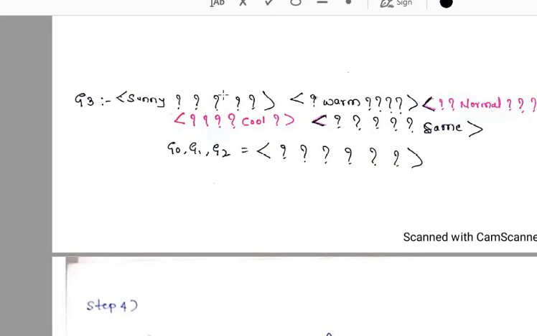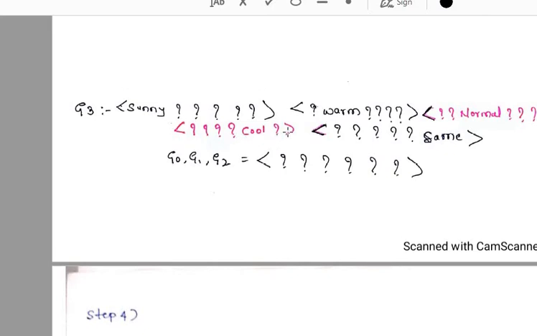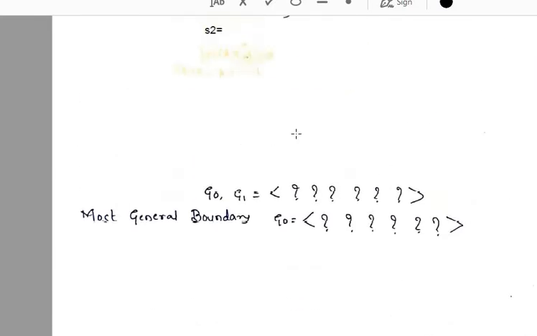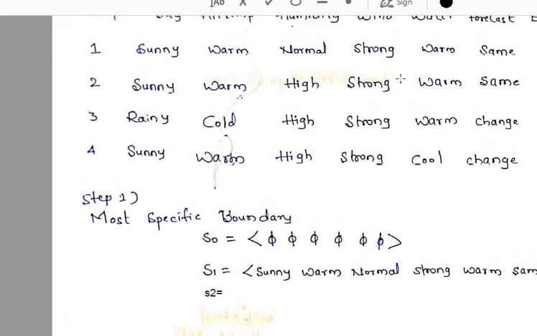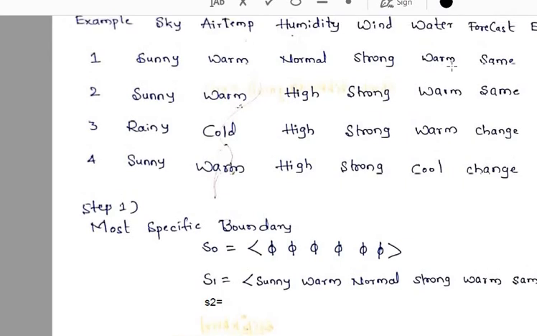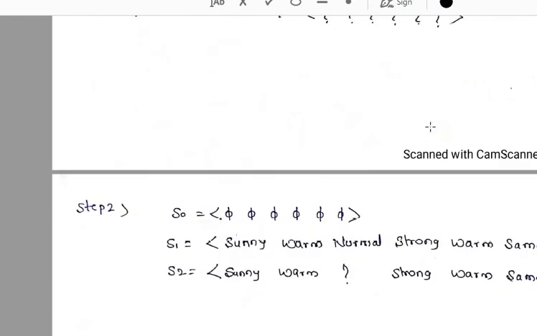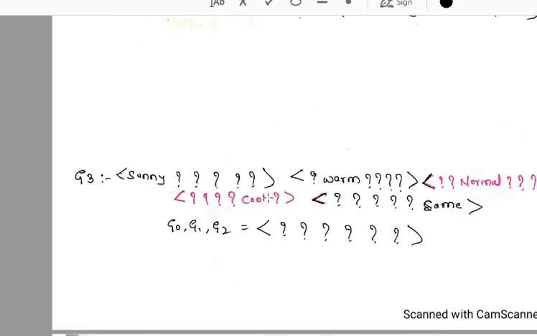So similarly for cool, as you can see here, it is classifying positively. Now let us check our example. In the first step, is the value cool? No, it is warm. So warm is classifying positively, but here I have written that cool is classifying positively. So hence I am not taking this second pink letter either.